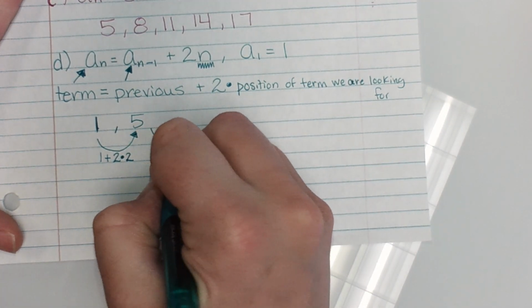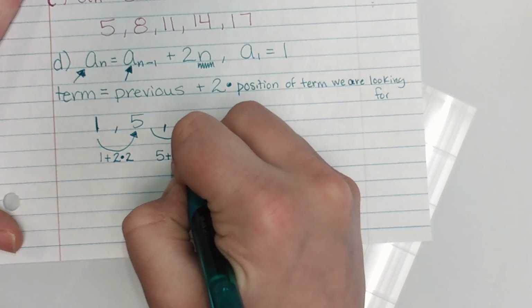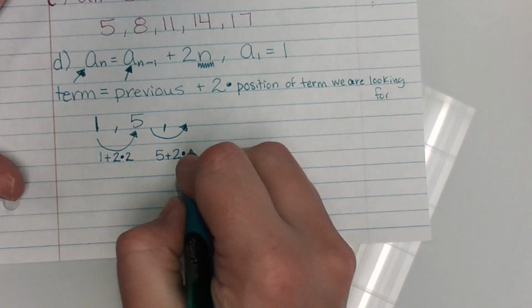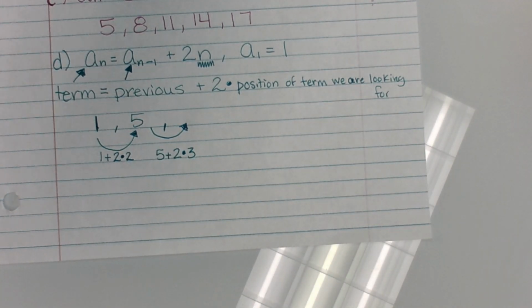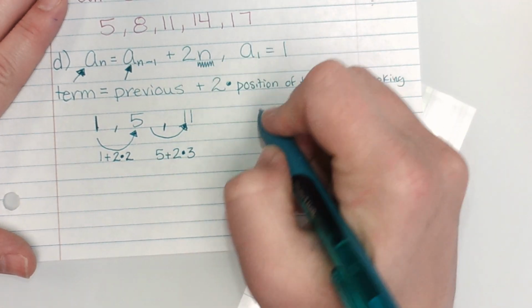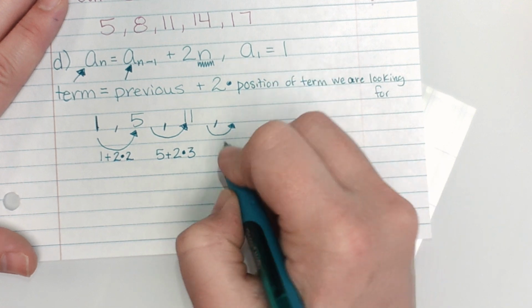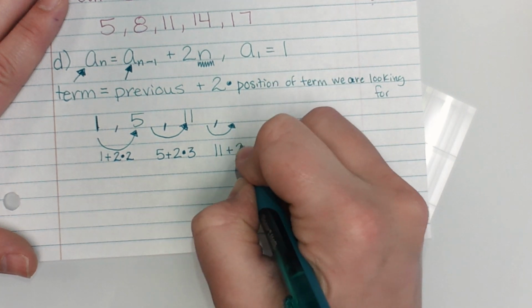Previous term plus 2 times the position of the term we're looking for. We're looking for the term in what spot? The third spot. So be careful with this. 2 times 3 is 6, plus 5 is 11. Previous term is 11 plus 2 times.